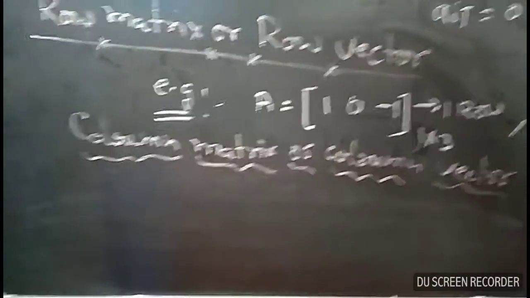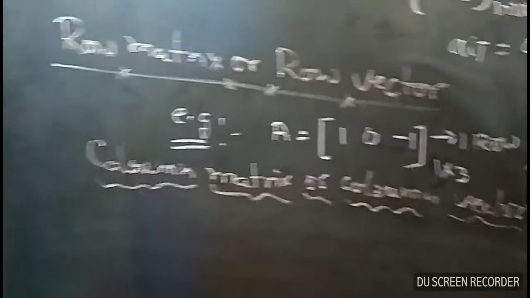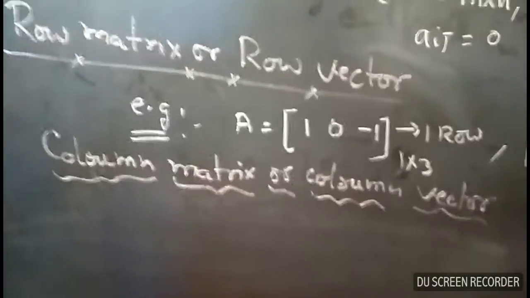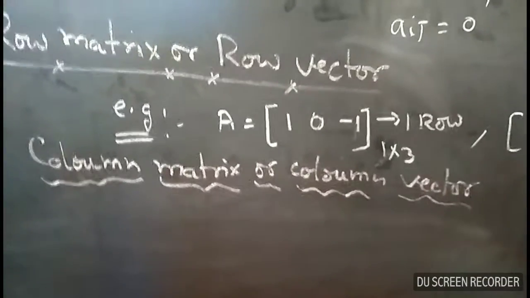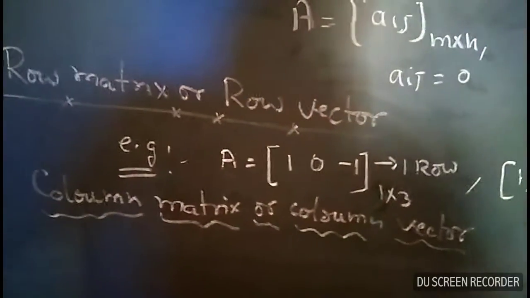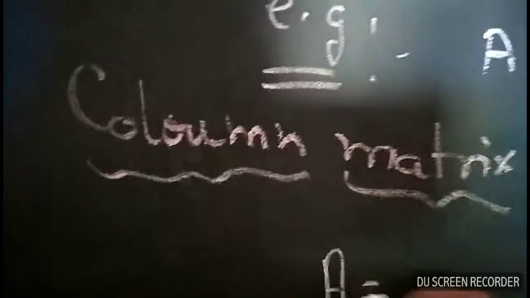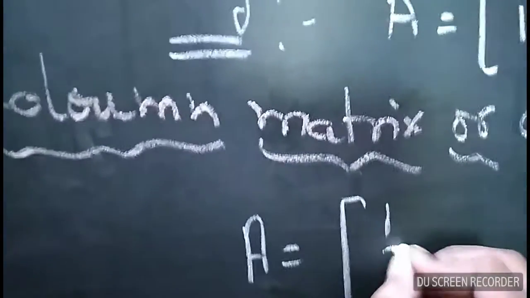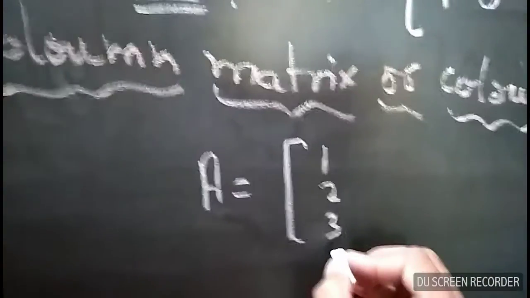Similarly, we define the column matrix. A column matrix or column vector is a matrix containing one column and any number of rows. By example, we see that here the number of columns is equal to 1. We let a matrix A such as 1 2 3 and 4.